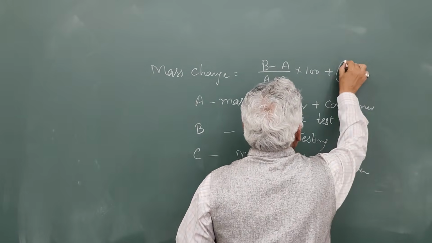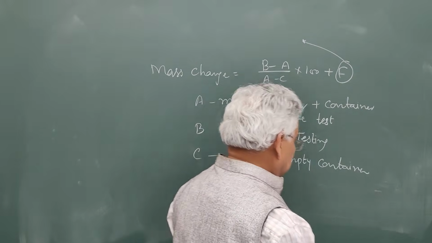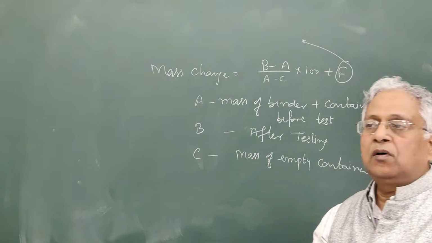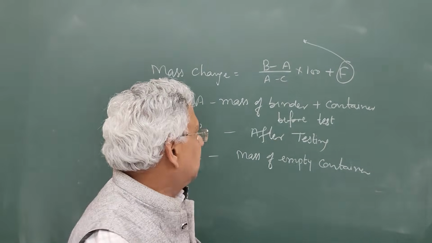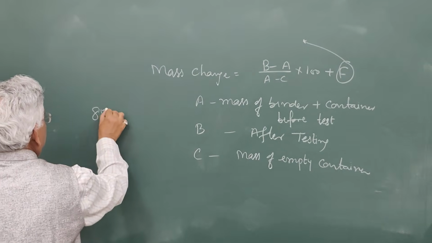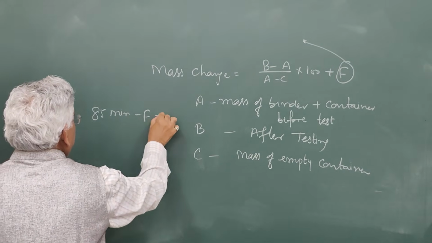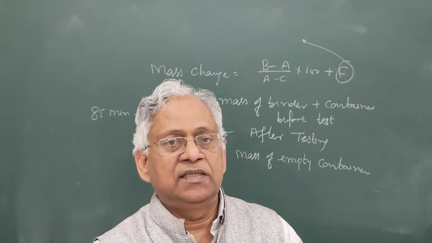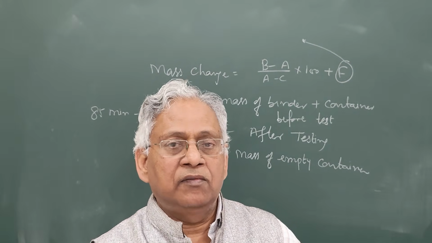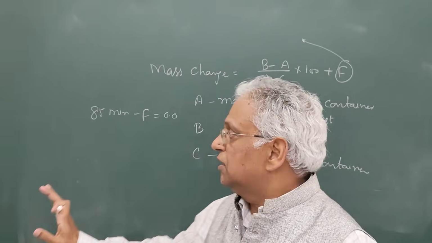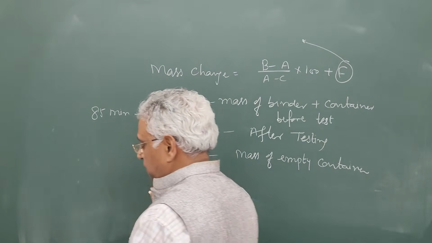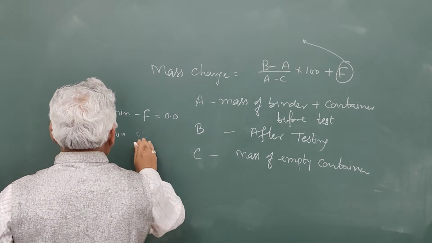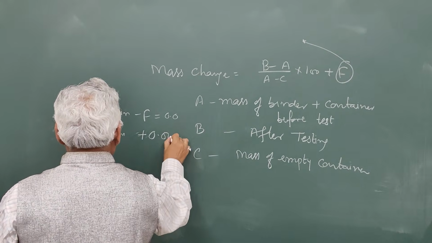Now F is a factor, which is called the mass change correction factor. This factor depends upon the time of conditioning, which depends upon the elevation of the lab above mean sea level. If the time of conditioning is 85 minutes, this F is 0. If the elevation of the lab is 304 meters, meaning 1000 feet, then no correction is required. But if it is 86 minutes, then this correction is plus 0.006.